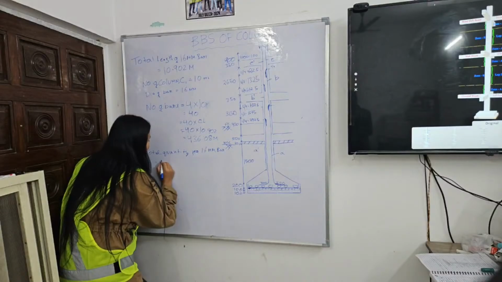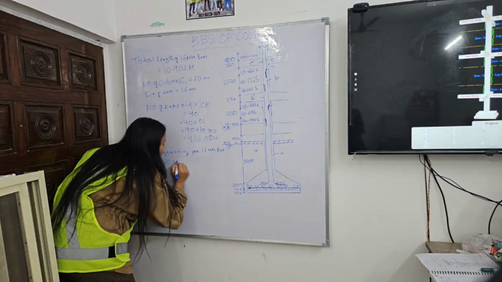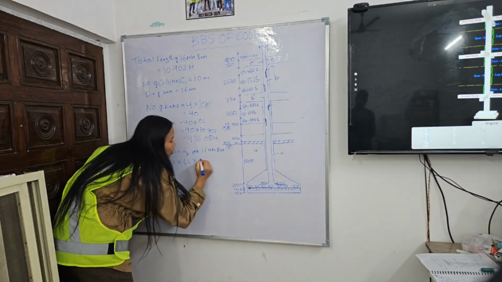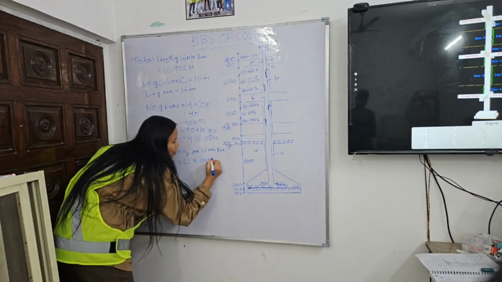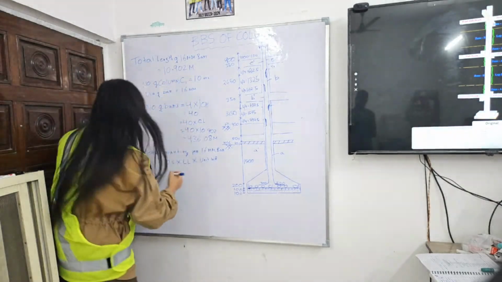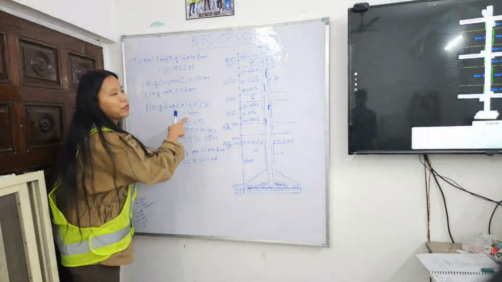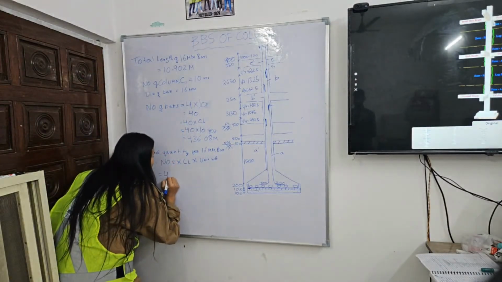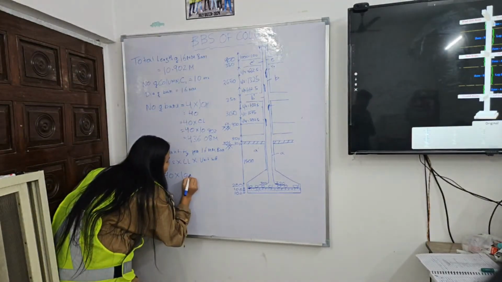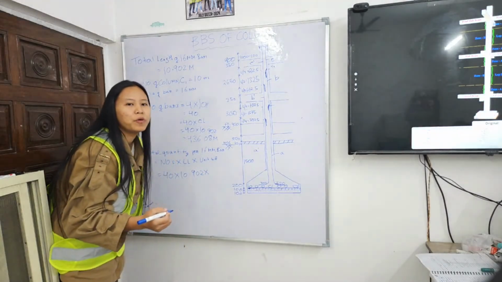We say numbers of bar into cutting length into unit weight. And for 16 mm bar, first is numbers. How many numbers of bar do we have here? 40 numbers of bars, into cutting length 10.902, into unit weight of 16 mm bar is 1.58.